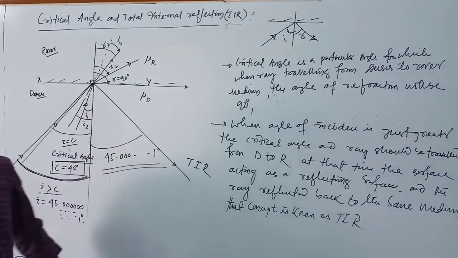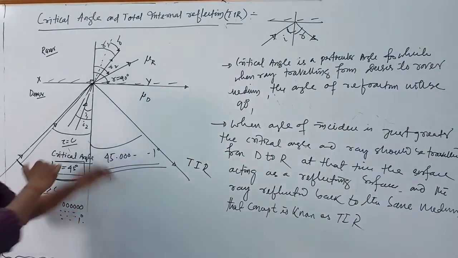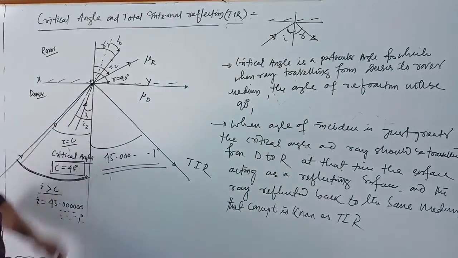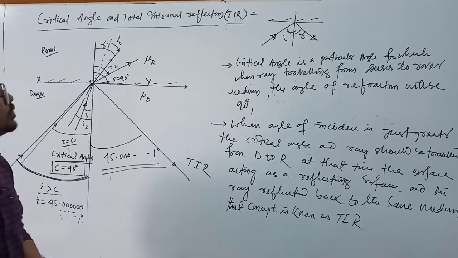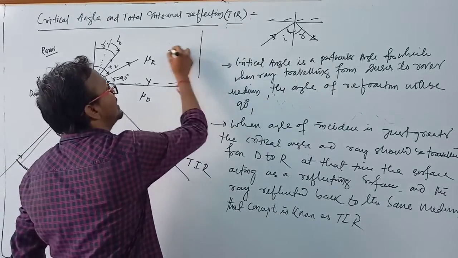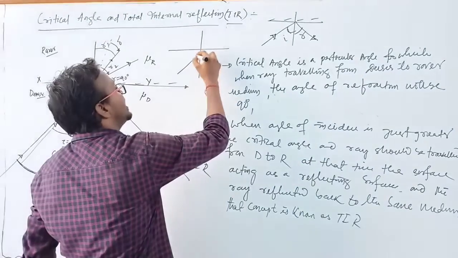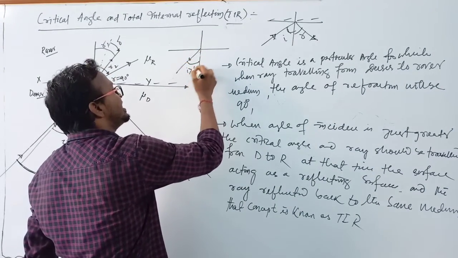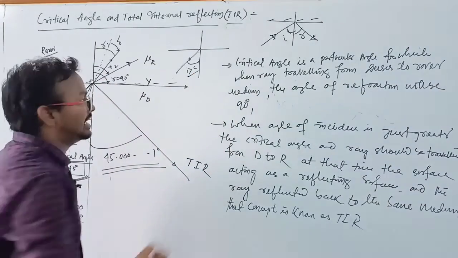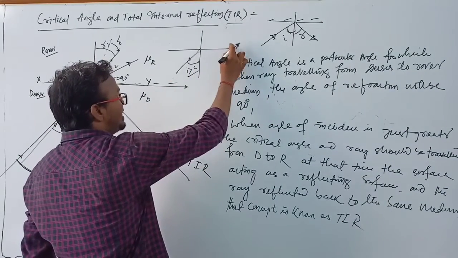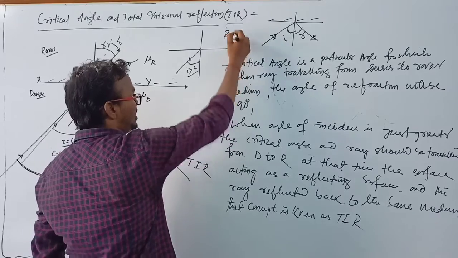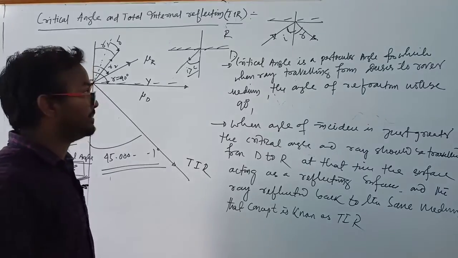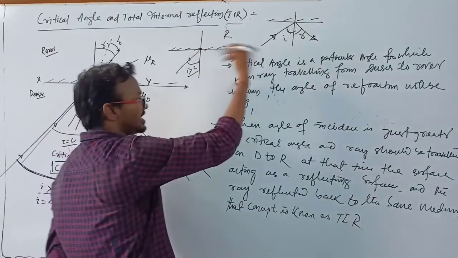So I repeat again, what is total internal reflection? When a ray of light travels from a denser medium to a rarer medium, like this, again denser to rarer medium, if the angle of incidence is greater than the critical angle, at that time this interface which separates the two media, denser and rarer, behaves as a reflecting surface, and here we have to use the reflection phenomenon.